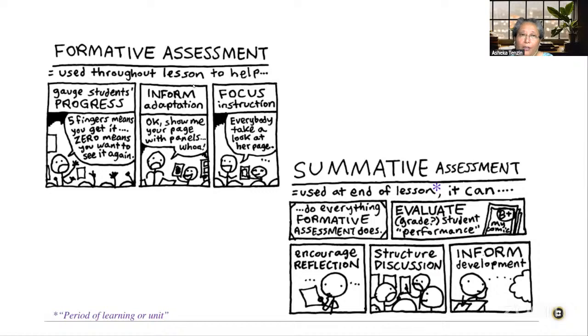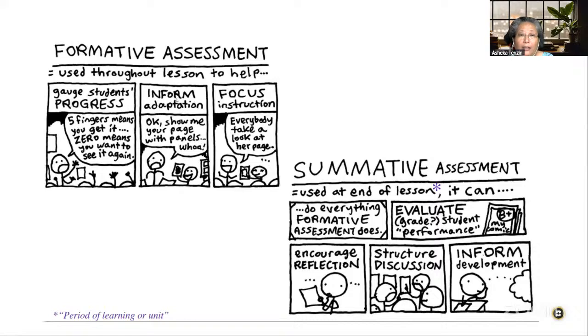So now, formative assessment is used throughout the lesson and summative assessment is used at the end of the lesson. All right. Now, what will formative assessment do? It will find out what the student progress is. You will get to know about student progress. It will inform adaptation.